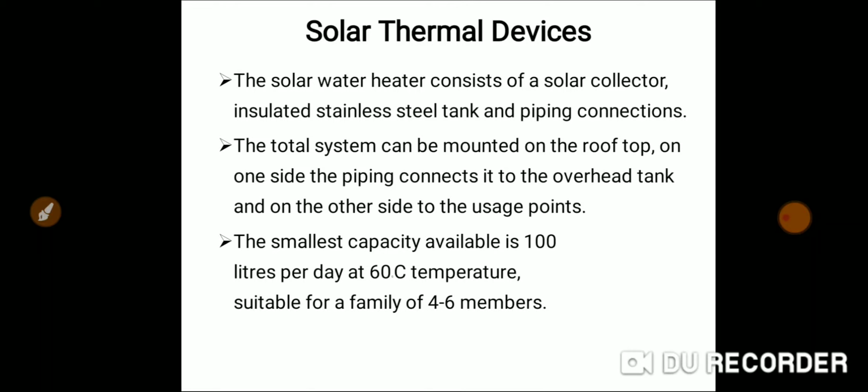If we want to install a 100-liter capacity solar water heater, it is suitable for 4 to 6 persons in a family, and the temperature of water attained is 60 degrees centigrade.